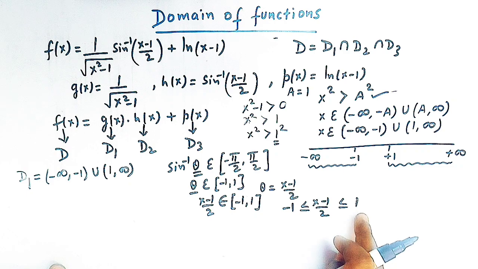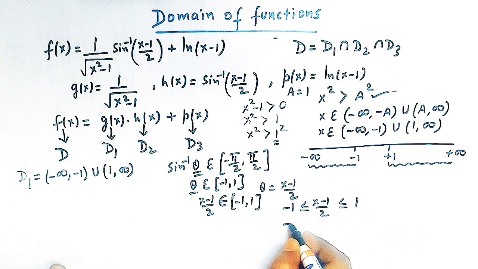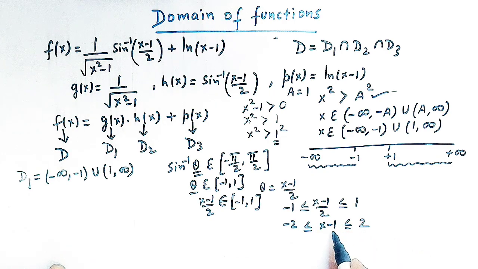So let us multiply throughout this inequality by 2. So here we have minus 2, then we have x minus 1, and here we have 2. So now let us add 1 throughout so that we can get rid of this negative 1. So we have minus 2 plus 1, here we have x, and here we have 2 plus 1. So minus 2 plus 1 is minus 1, and here we have 2 plus 1, 3.